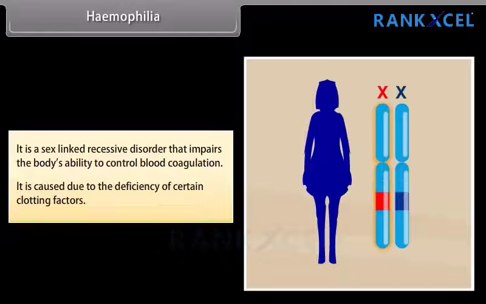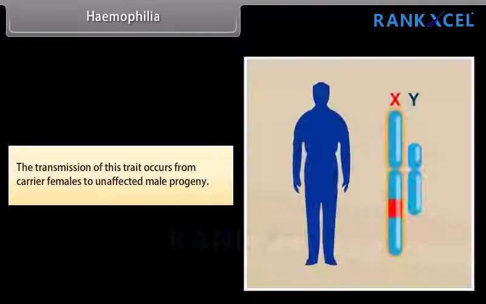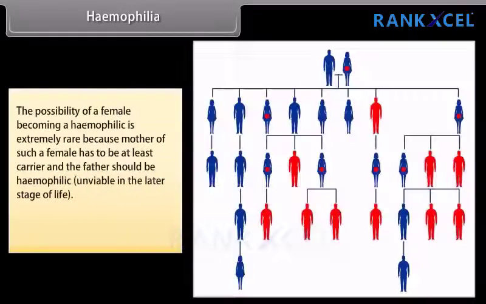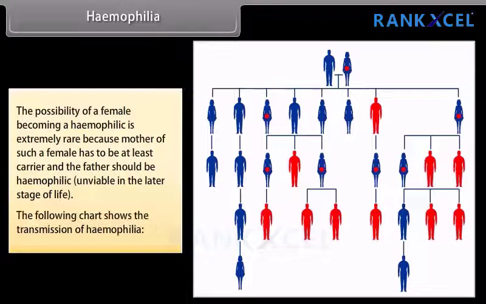It is caused due to the deficiency of certain clotting factors. The transmission of this trait occurs from carrier females to male progeny. The possibility of a female becoming hemophilic is extremely rare because the mother of such a female has to be at least a carrier and the father should be hemophilic, which is unviable in the later stage of life. The following chart shows the transmission of hemophilia.